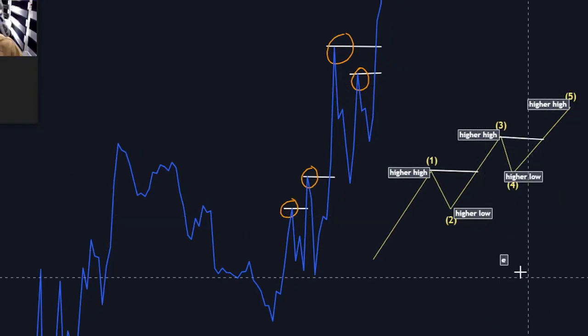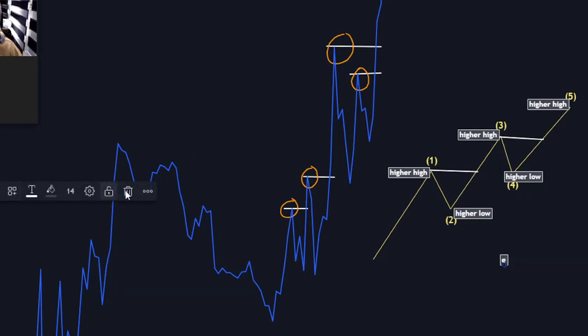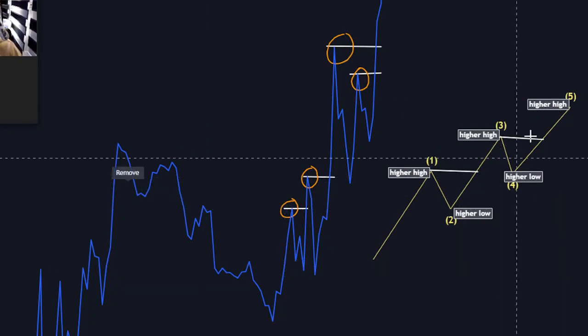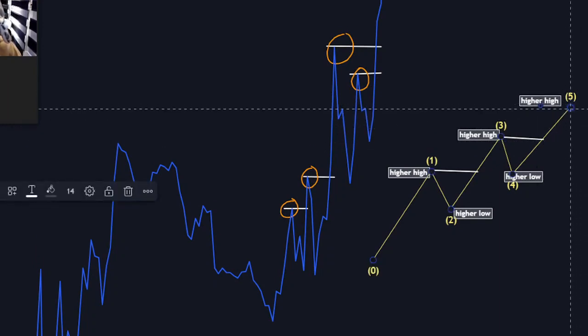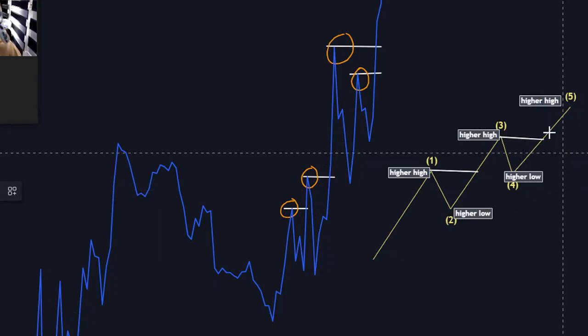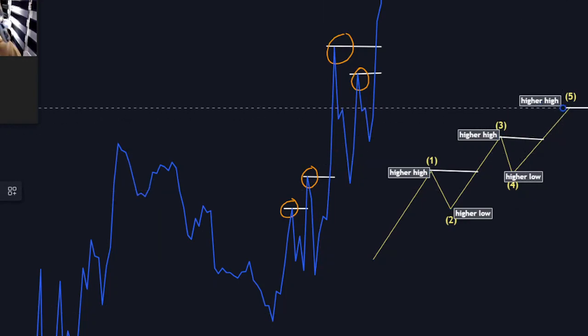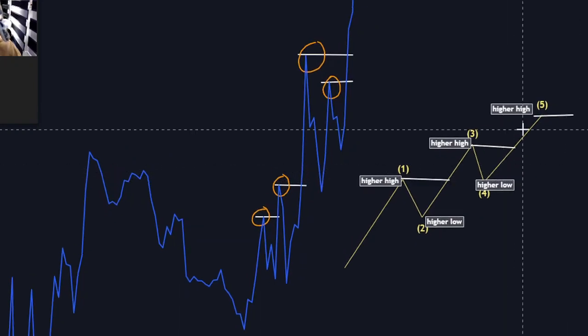So if the market actually wants to continue going up, it should keep on making higher highs and higher lows and keep on breaking these highs. Let's say the market wants to continue going up now.